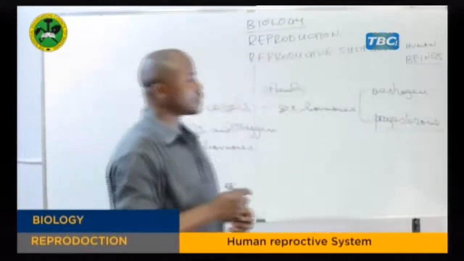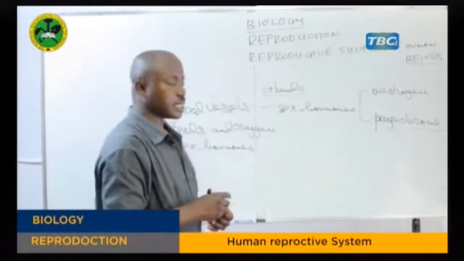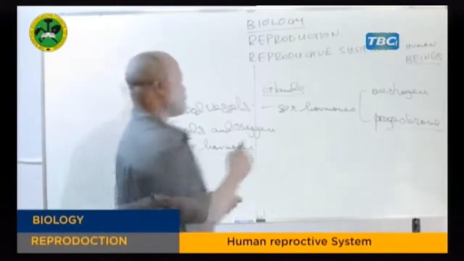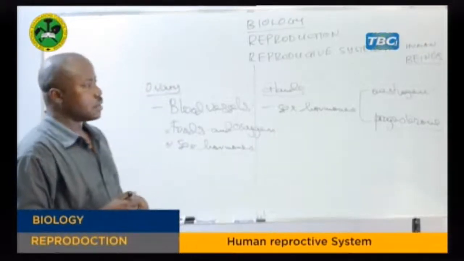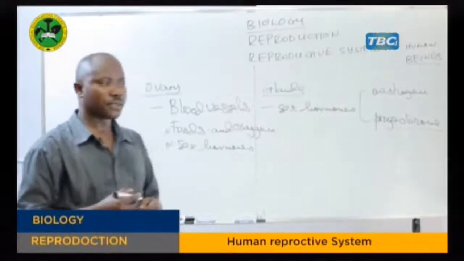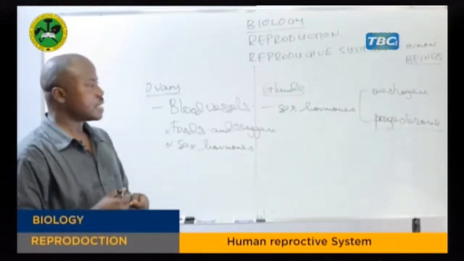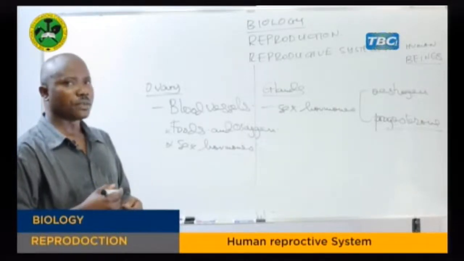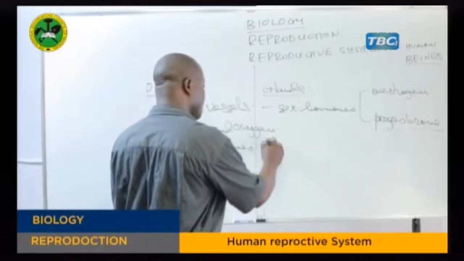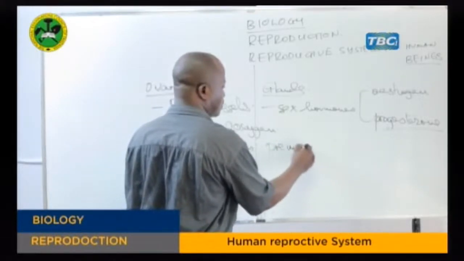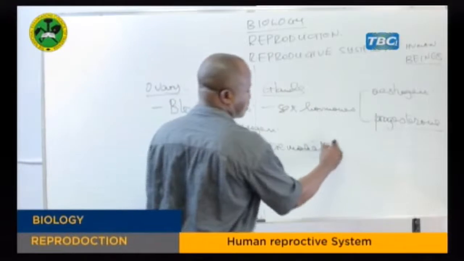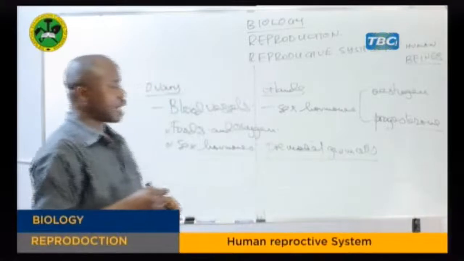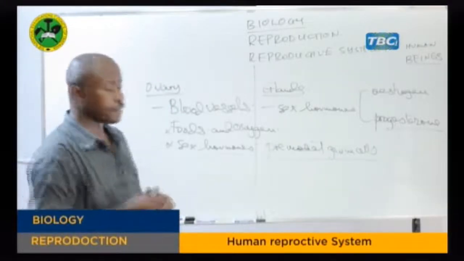This hormone is produced during the menstrual cycle just after ovulation to prepare the endometrium for implantation. Also, the inner part of the ovary consists of cells that give rise to female reproductive cells. These are primordial germ cells. These cells are present in the Graafian follicle.